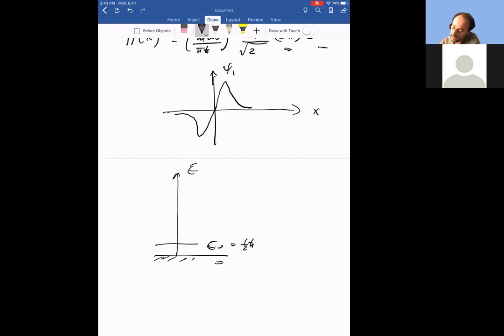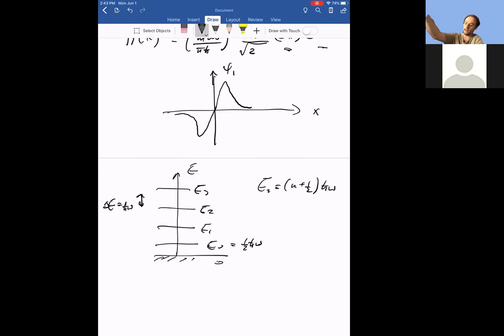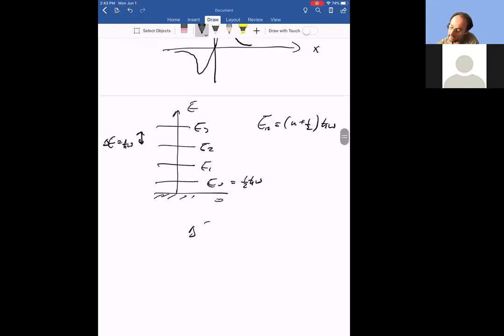The ground state is 1/2 h bar omega, and you can see that all the energies are equally spaced, E1, E2, E3, and the delta energy between any levels is h bar omega, right? You can do En plus 1 minus En, and they're all separated by h bar omega. And so again, we see that delta E divided by E is proportional to 1/n, which goes to 0.